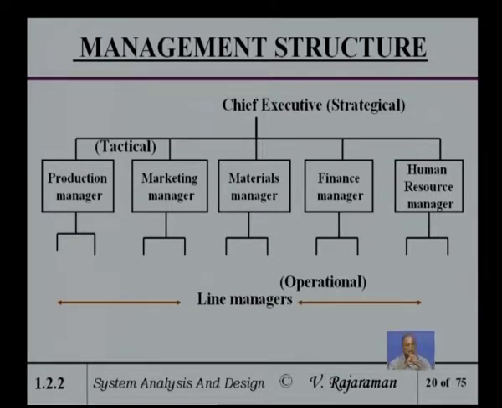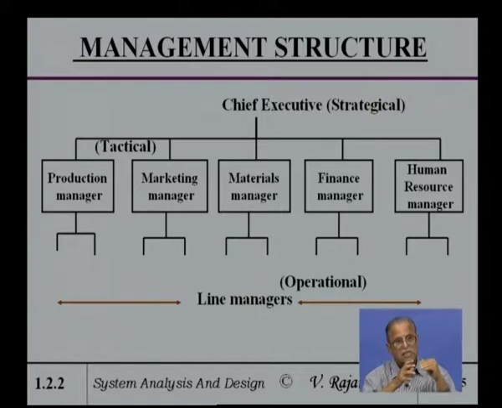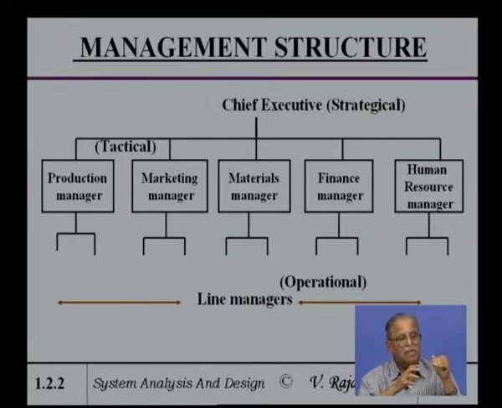And then ultimately, of course, for each of these persons, the general manager production will have a number of line managers who report to him. And they have their own responsibilities of managing the day-to-day operation of a production shop.